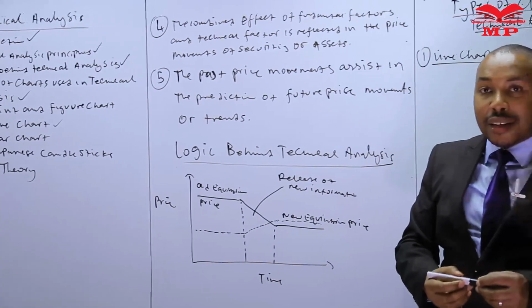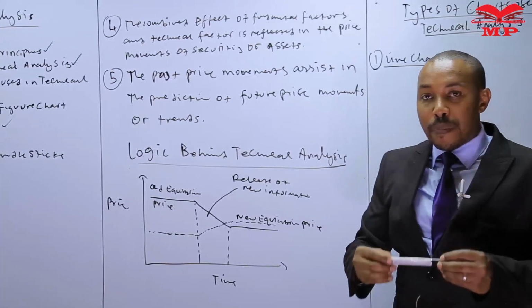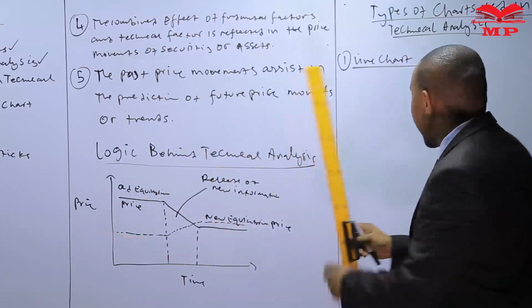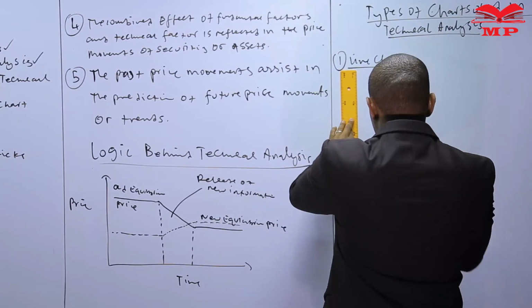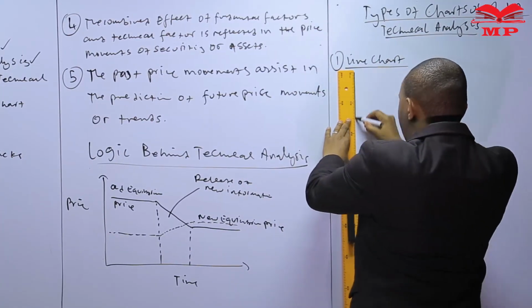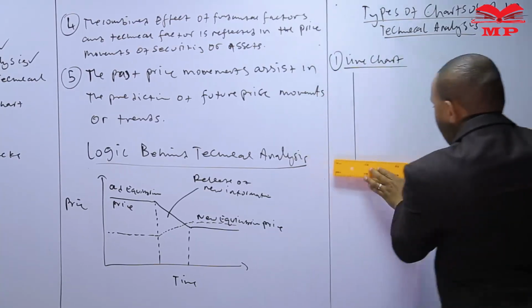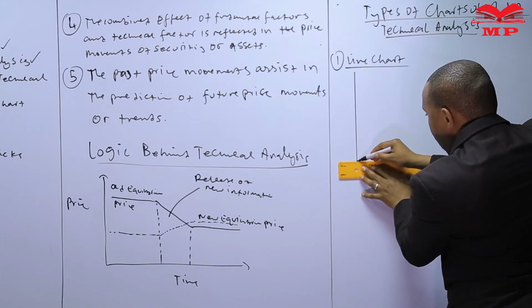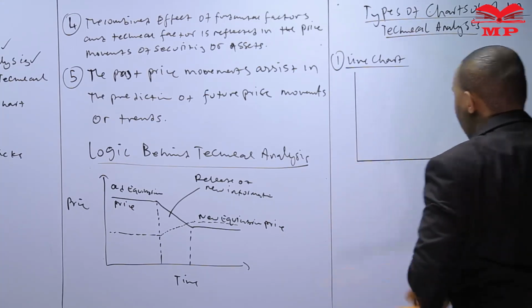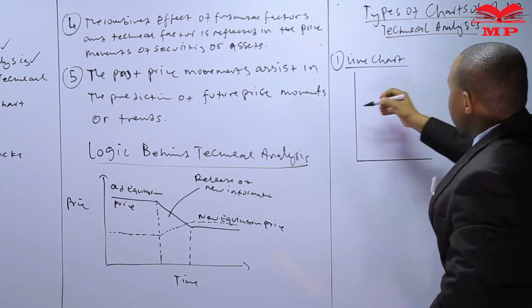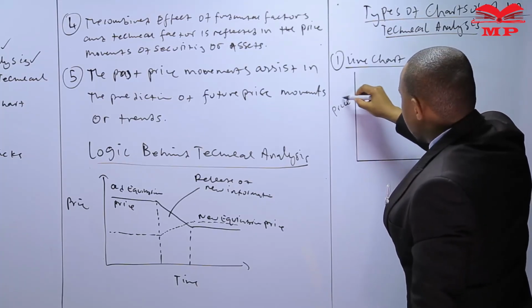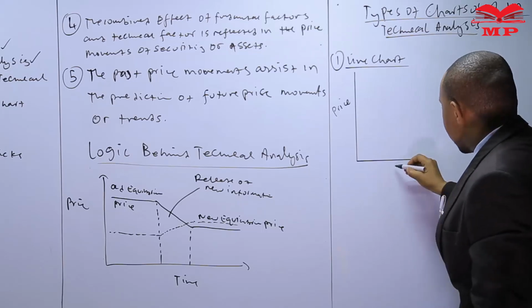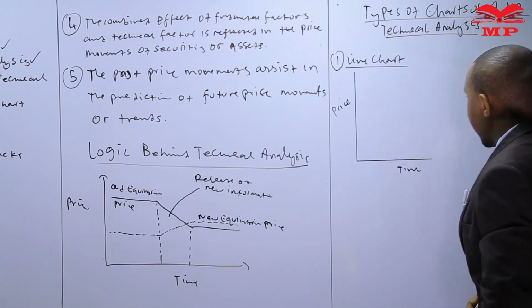Now a line chart is a simple plot of price against time. Now this is how I can demonstrate a line chart. We are saying here we have price, like that, price against time, like that.